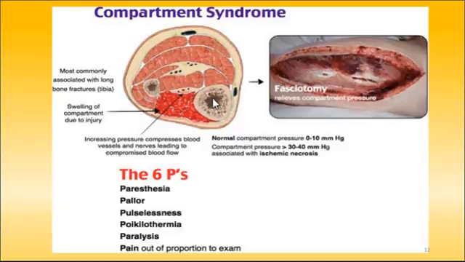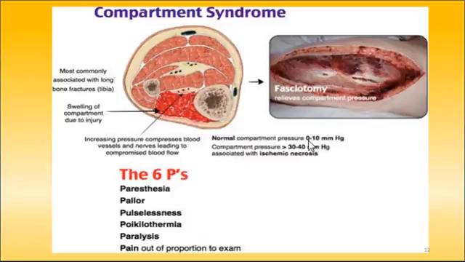This is a really good picture showing that we have all these different compartments. Usually it's a long bone fracture, the tibia being most common. One of those compartments gets swollen due to the injury, increases pressure in the blood vessels and nerves, leading to compromised blood flow.